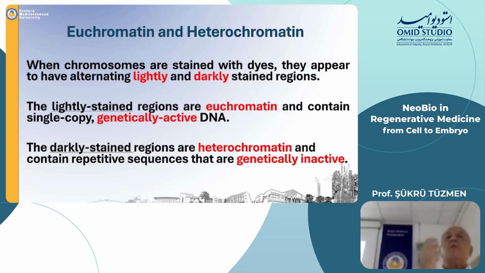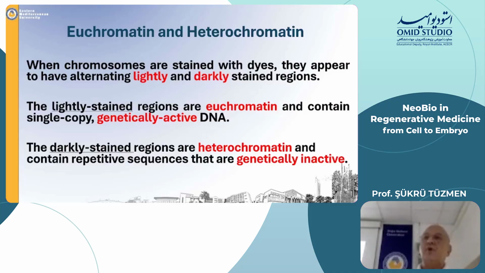When we stain the chromosomes, there are regions along the chromosomes that get stained darkly as opposed to lightly. The dark regions that are stained heavily are the regions that are more compact, and we refer to these as heterochromatic regions.